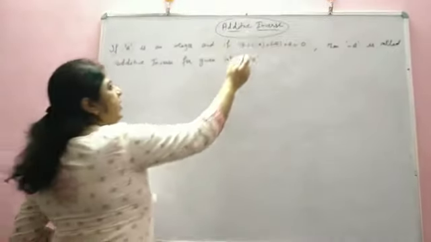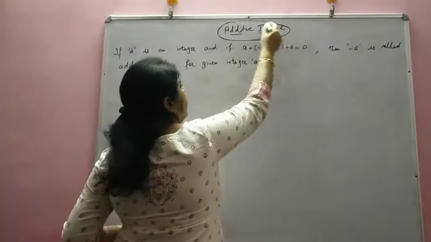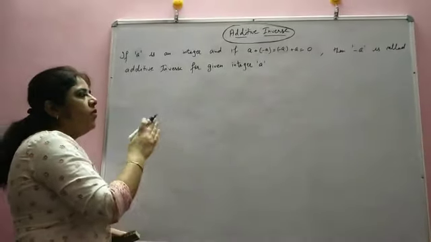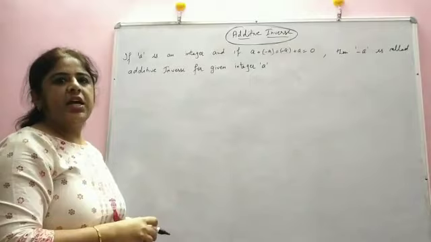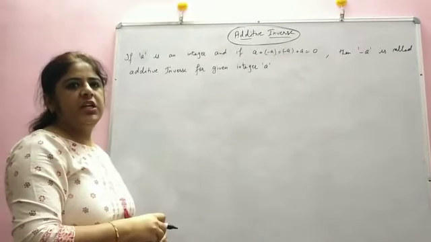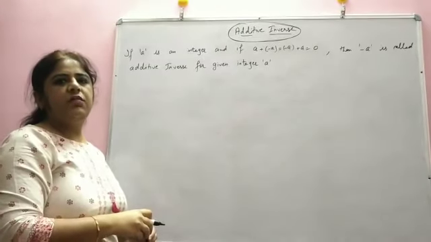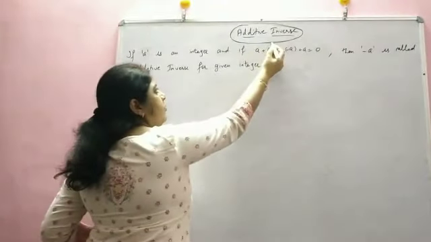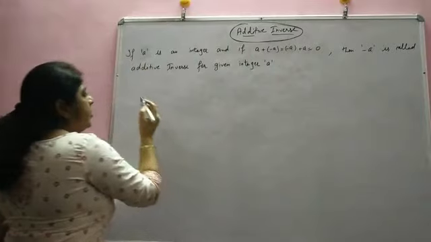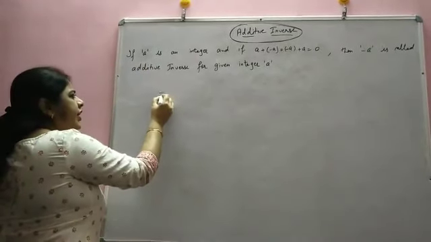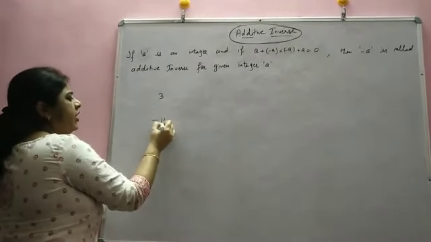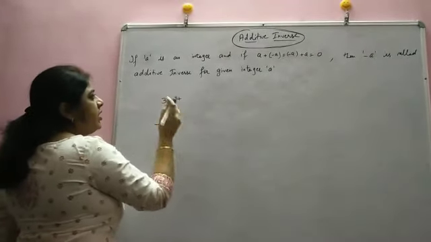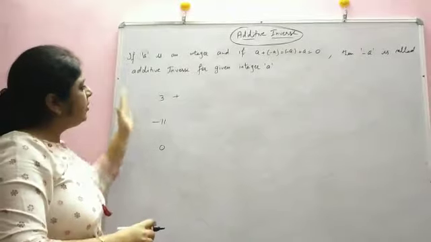Now we are here with the additive inverse for the integers. What is the additive inverse of an integer? We have already discussed that 0 is the additive identity for any type of integer and 1 is the multiplicative identity for any type of integer. But now the concept is, what is the additive inverse? Suppose we are taking any integer, negative, positive, 0 itself. There we were discussing what should be added so that the answer will remain the same.